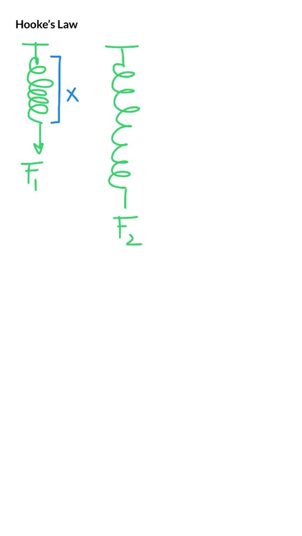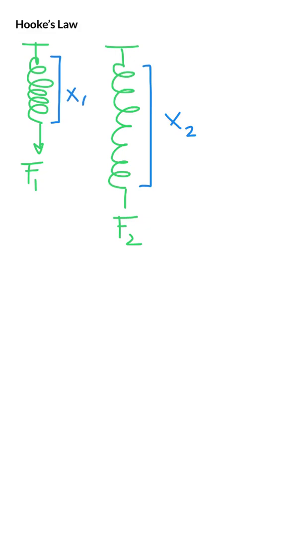The length of this spring we can call x1, and the length of the second spring we can call x2. The higher the force, the longer the spring. That's quite straightforward.